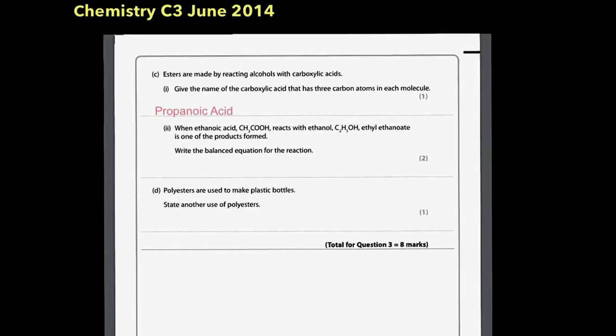So first of all, we already know that they give us one of the reactants. CH3COOH. Hope you can read that. And then it adds with ethanol, C2H5OH.